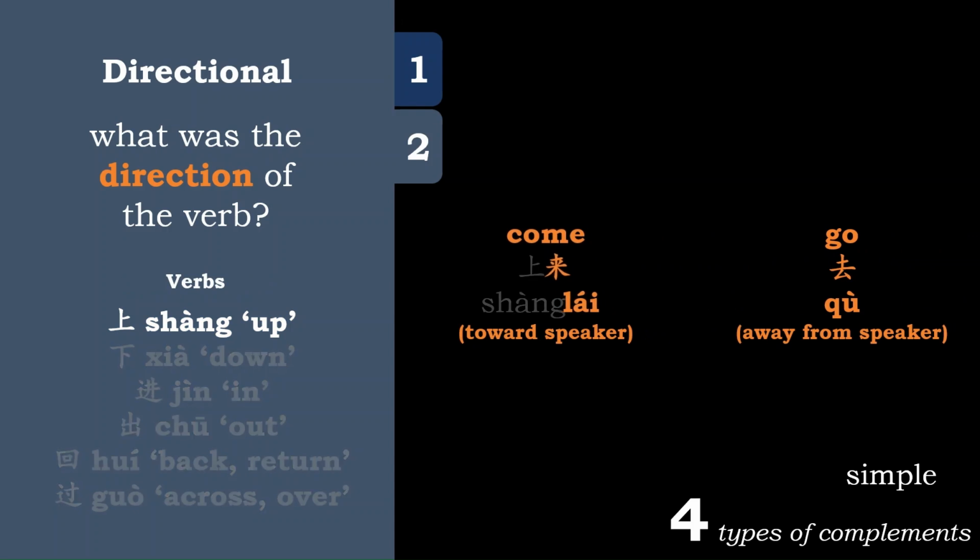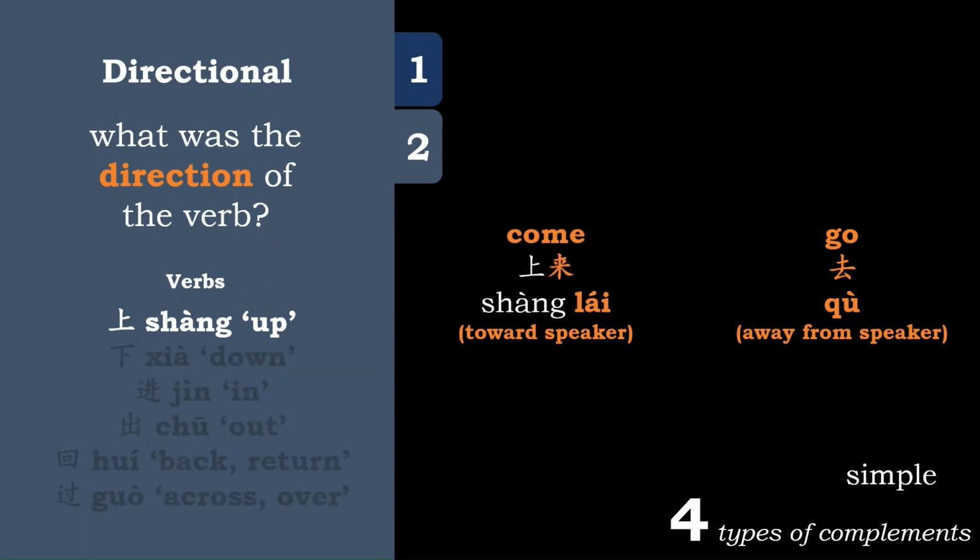For example, 上来, what would this mean? Come up. Remember now, 上 is no longer functioning as the simple directional complement, but rather as the motion verb, meaning move upward, and 来 acts as the simple directional complement, indicating movement toward the speaker.